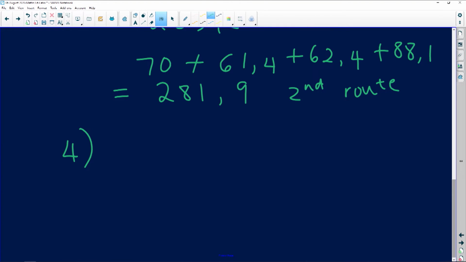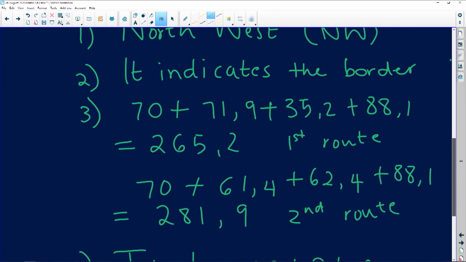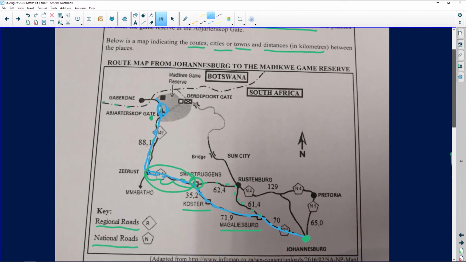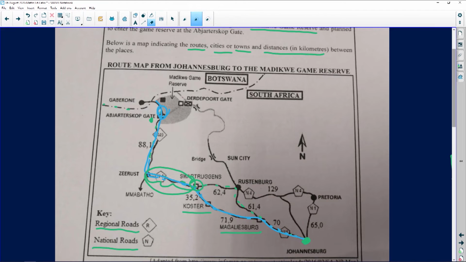So I know that my total distance is equal to 221.2 kilometers. I know that's my distance. So if I go up, they say that that is my distance. Let's just get rid of all of that. They say to me that is my distance between Zirast and Swartruggens.